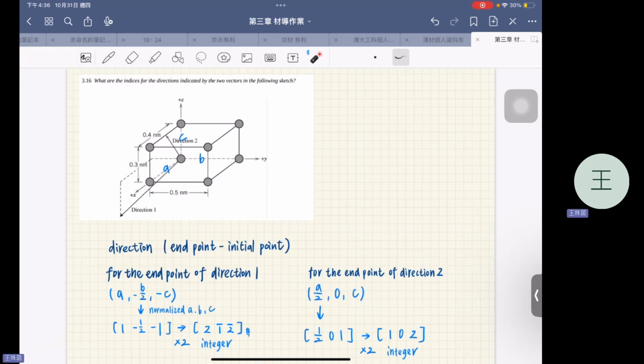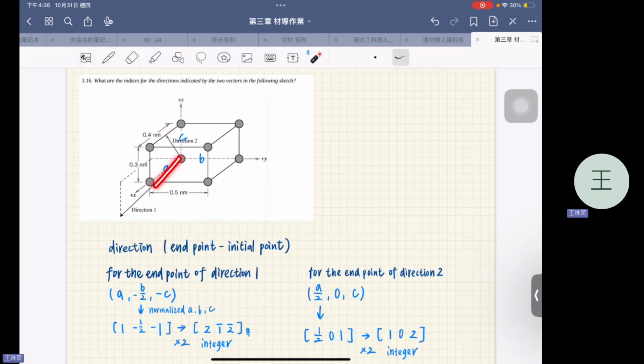For 3.16, we want to indicate the 2 directions, 2 vectors, inside this cell. For a direction, I think the easiest way is just to take the endpoint minus the initial point and also do the normalization.